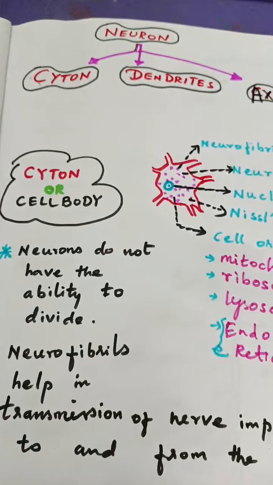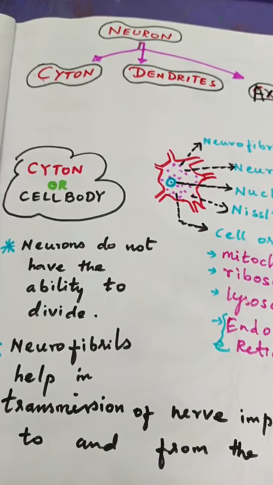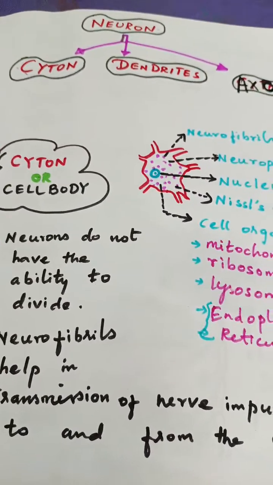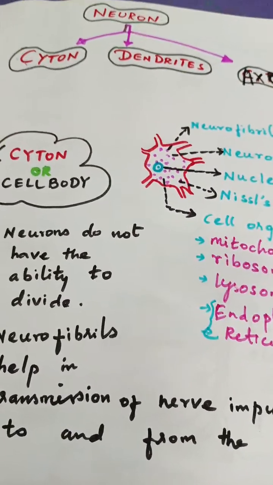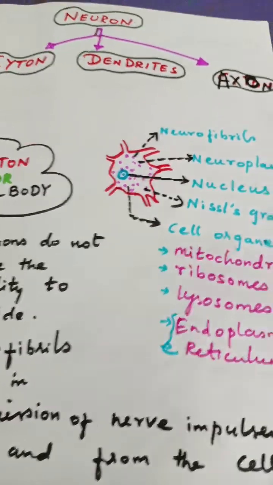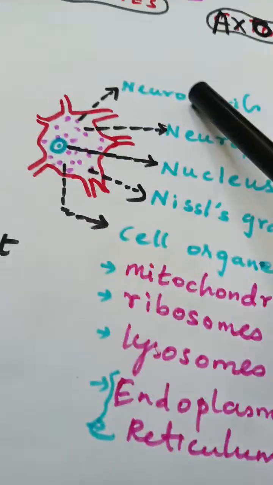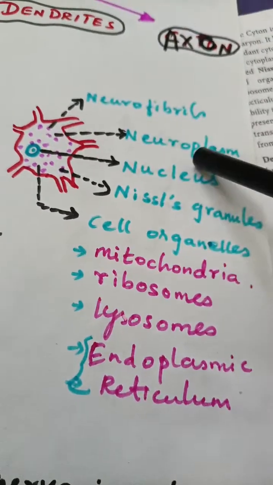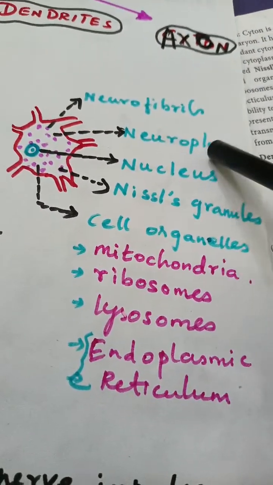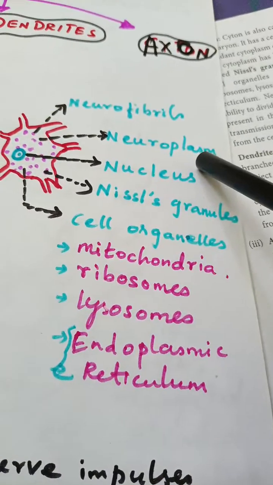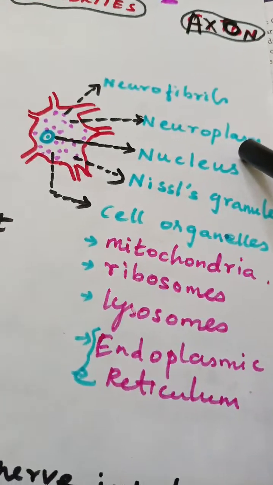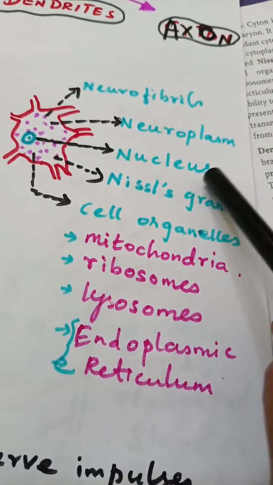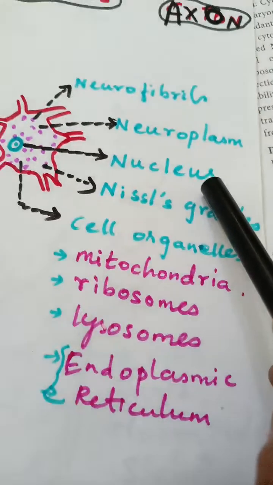Clear? So now the first one we are going to see is the cyton or the cell body. What is the cyton or the cell body? Look at this cyton or the cell body. I have given it again one more time. It has the cytoplasm, and that cytoplasm is known as the neuroplasm. It has the brain of the cell that is known as the nucleus.